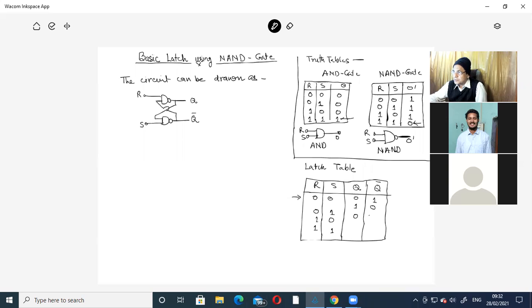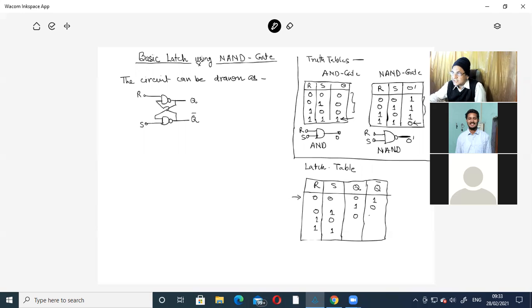So we have to keep in mind these two important points: in AND gate, the output is high only when both inputs are high, and in NAND gate, the output is low only when both inputs are high. In all other cases, these are the outputs. During operation, we have to take care of this concept.